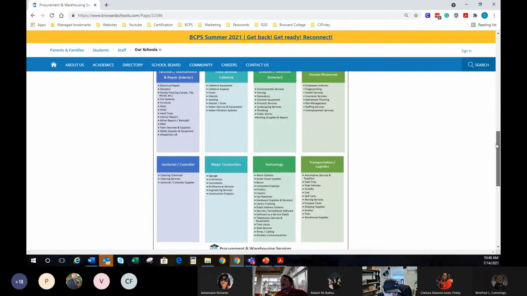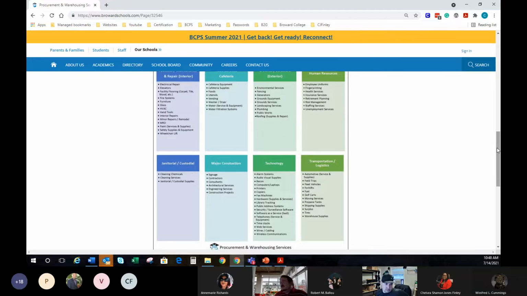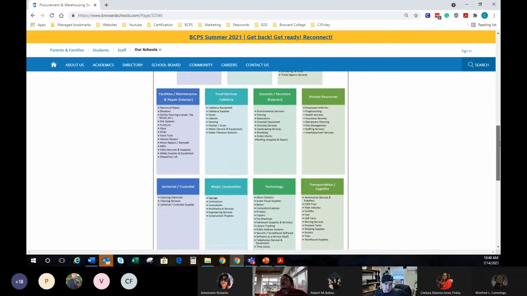Now, the buses we use are the yellow buses and the motor coach service. So there are two different types of transportation that we use for the students to get to their field trips or wherever they're going. It could be sports events as well. So if we can go back up.